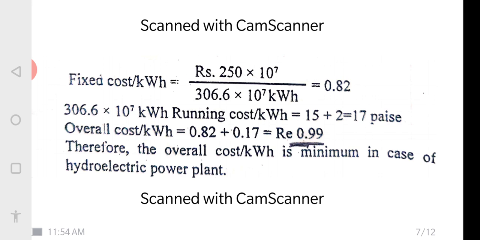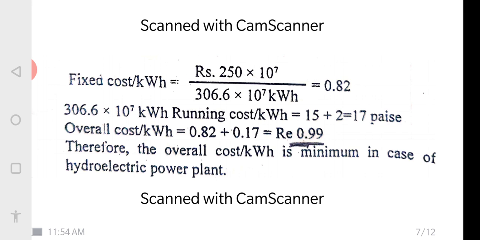So we have come out with, after the average load of 350 megawatts, how much power is generated per year, by multiplying 350 into 8760 hours, that becomes 306.6 into 10 raised to 7 kilowatt hours, means 306.6 crore units per annum.